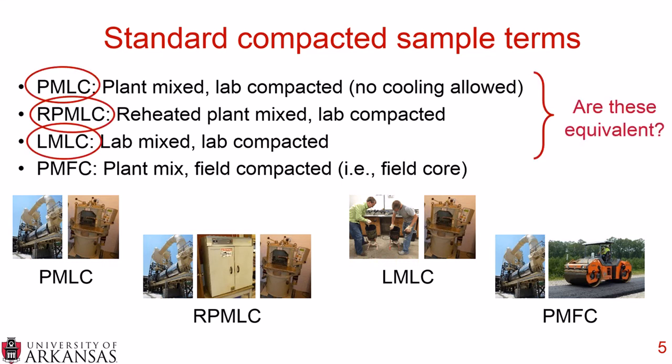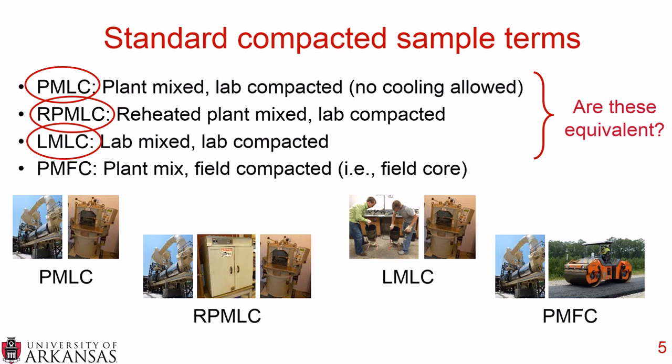So what we did in this study is we compared the first three terms. We compared the plant mix lab compacted to the reheated plant mix lab compacted to the lab mix lab compacted, and we asked the question, are these equivalent? So we went out to a job site, we were able to get samples from that job site and immediately compact them.